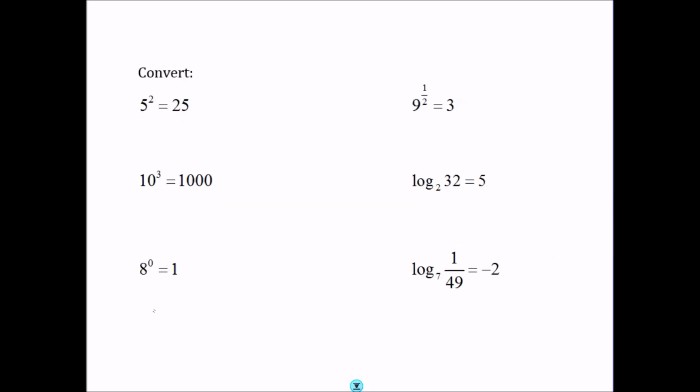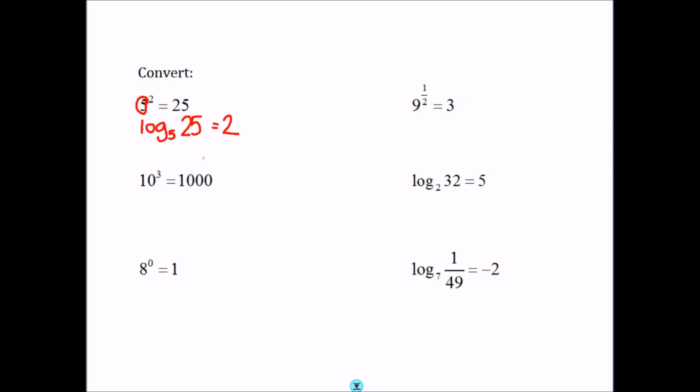So first we have 5 squared equals 25. 5 is our base for our exponential function. 5 will also be our base for our logarithm. So we have log base 5. And then we know that the log has to equal the exponent. So this will equal 2. So log base 5 of 25 equals 2.